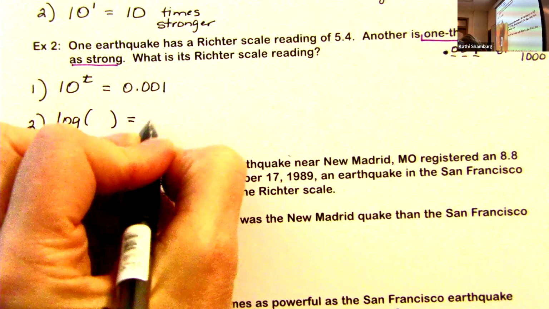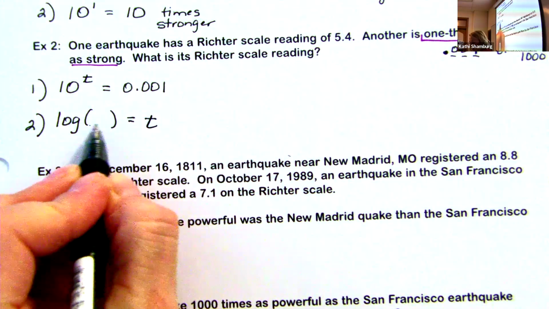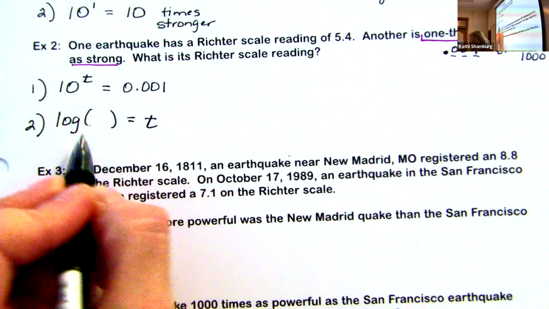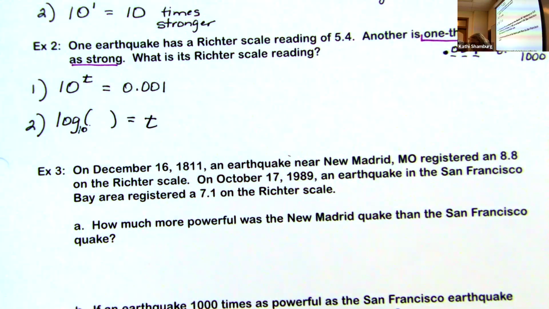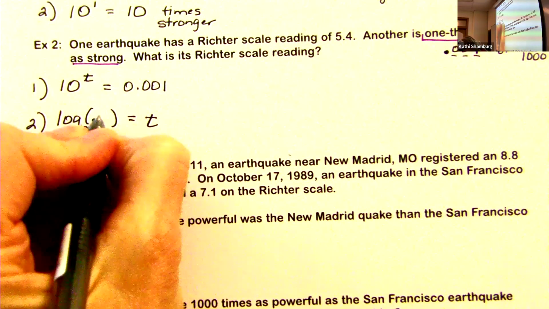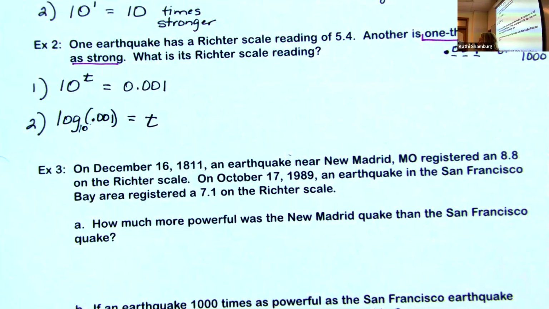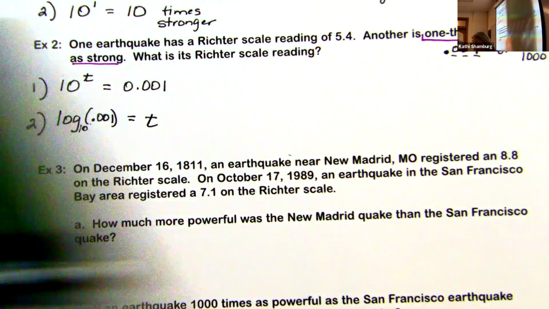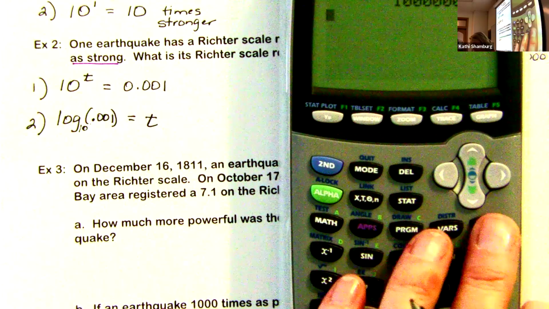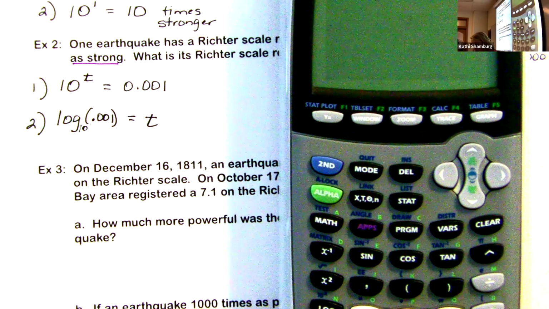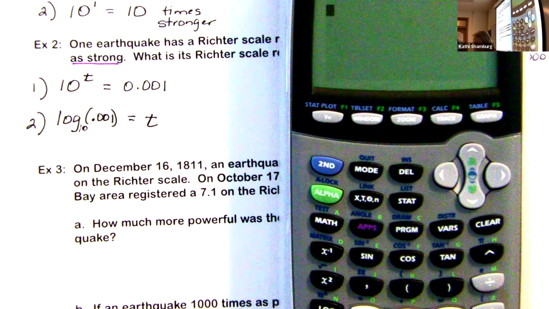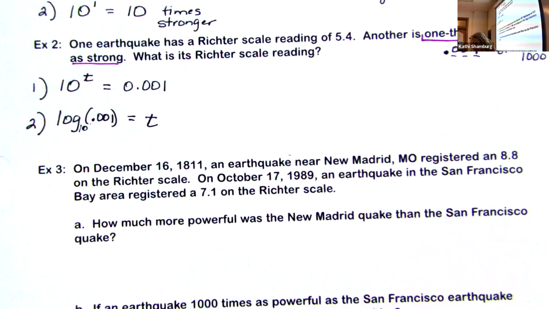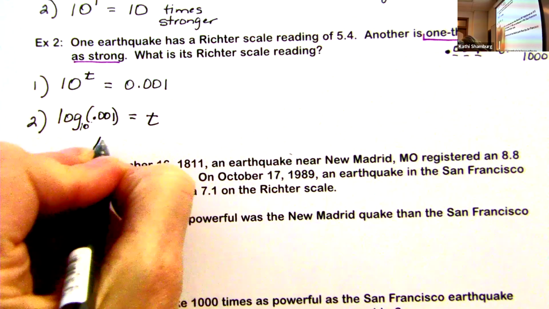T. So what number goes here? Nope, 10 goes down here because we're log base 10. The 0.001. So now I can go to my calculator and calculate that. Log 0.001 is -3. So I get T equals -3.